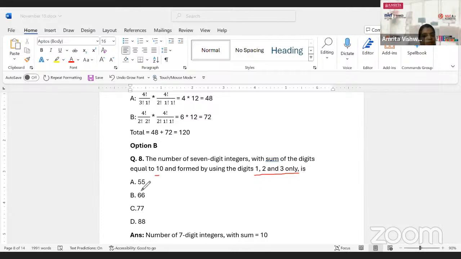So just start doing the question. Here the options are A equal to 55, B equal to 66, C equal to 77, and D is equal to 88.